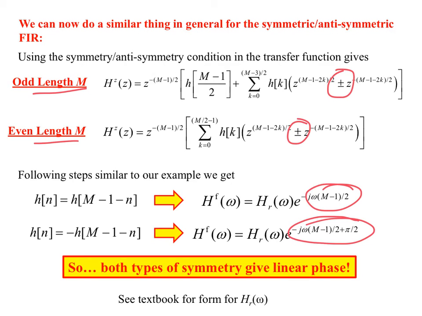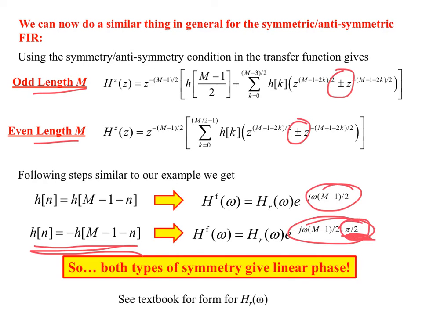And you can see that when we have the anti-symmetry, we have this little bit of an offset here. And so we allow that to be a linear phase. So it doesn't go through the origin, but it is offset by pi over 2. And so what we've basically shown is that we get the appropriate kind of linear phase that we're interested in if we impose this kind of symmetry.